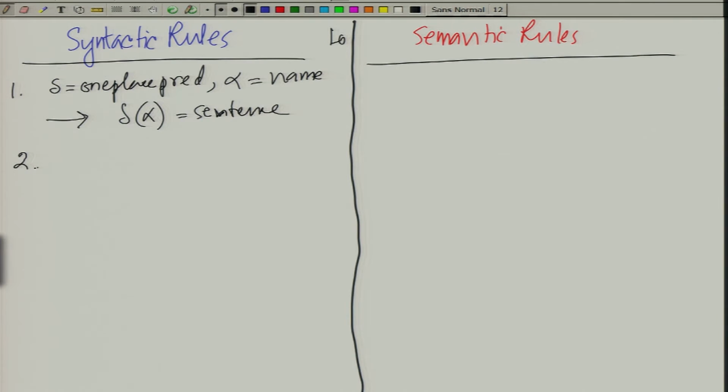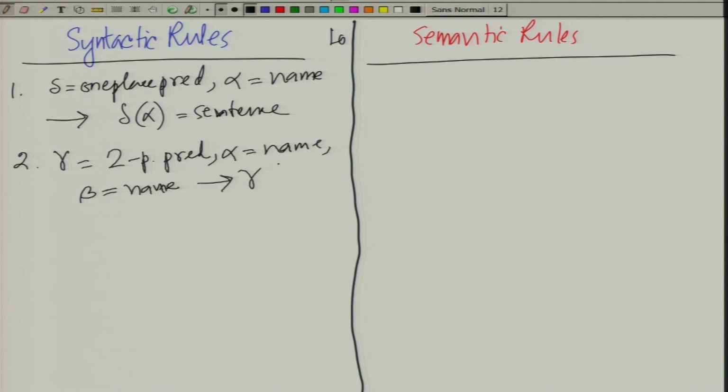Rule 2 will say that if gamma is a two-place predicate, we don't know what is meant by two-place predicate or one-place predicate right now, but we will know, and if alpha is a name and beta is a name, then alpha gamma beta is a sentence.